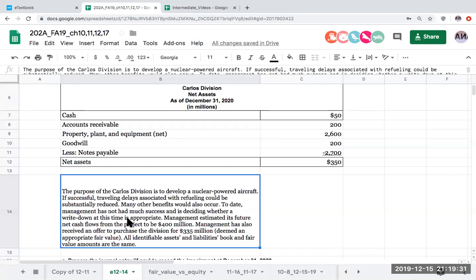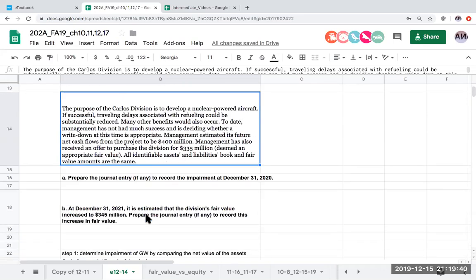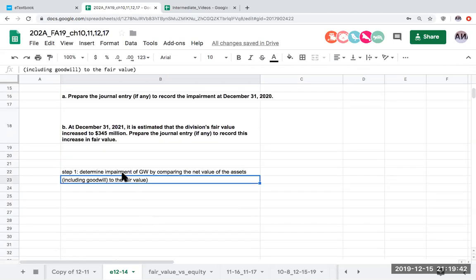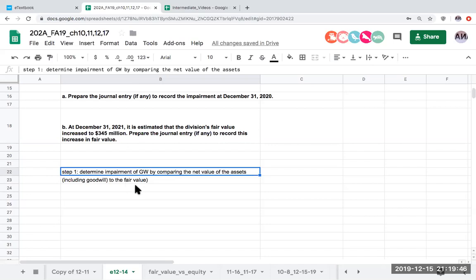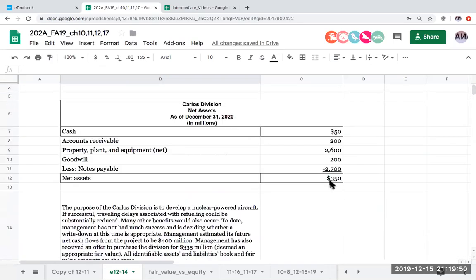So we really need to compare this. Is there impairment? When looking at goodwill, we determine the impairment by comparing the net assets, including the goodwill, which here is 350. And why are we saying the net assets?